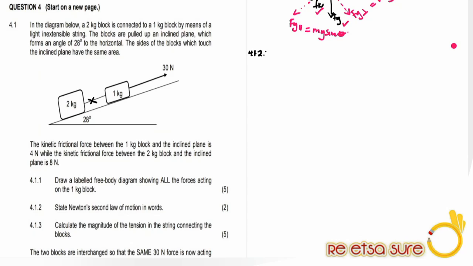So from the examination guideline, Newton's second law of motion is as follows.